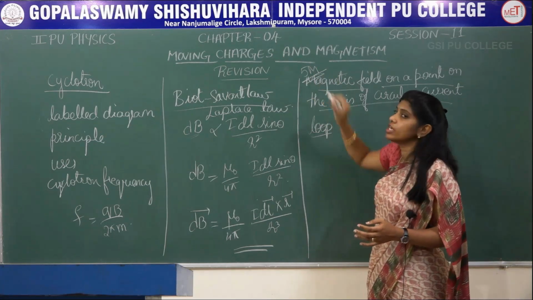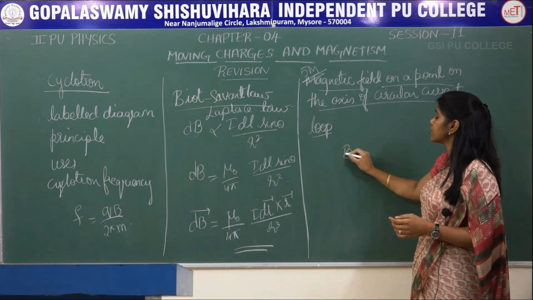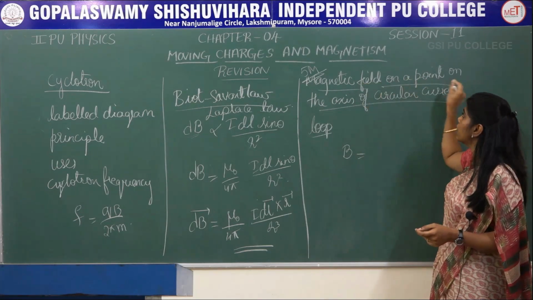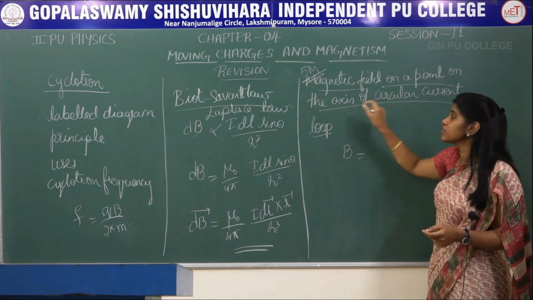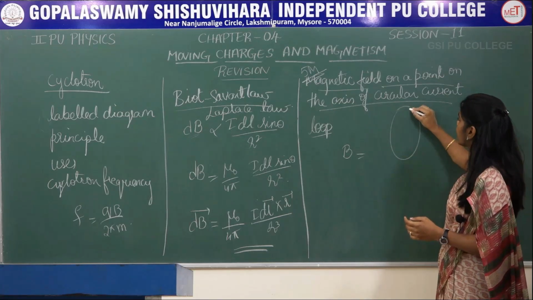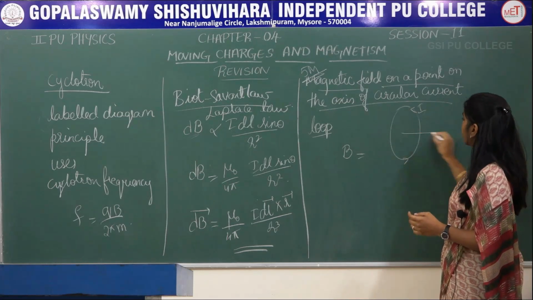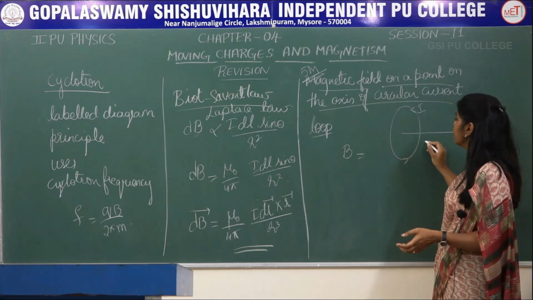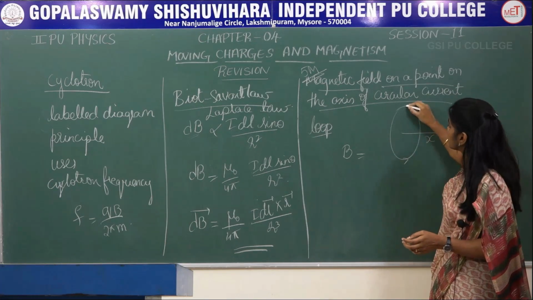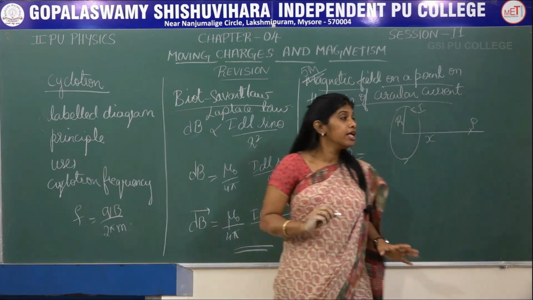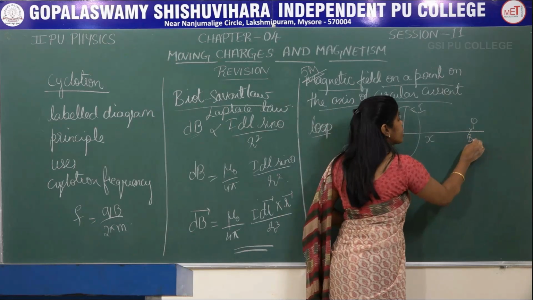This is very important, and we have found the magnetic field on a point on the axis of a circular current loop. So we have a circular current carrying loop, and we have drawn an axis, and on the axis I have marked a point P which is x distance away, and the radius of this circular loop is taken as capital R. Then what will be the magnetic field at this point?